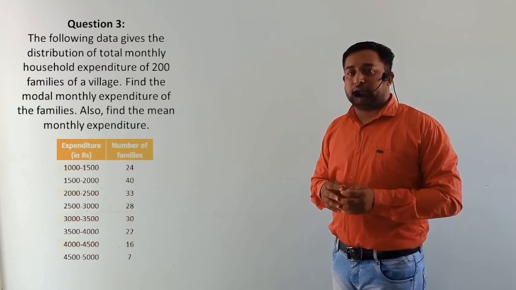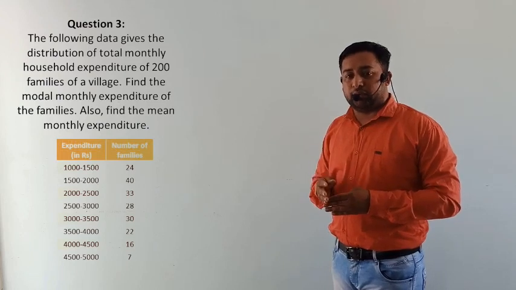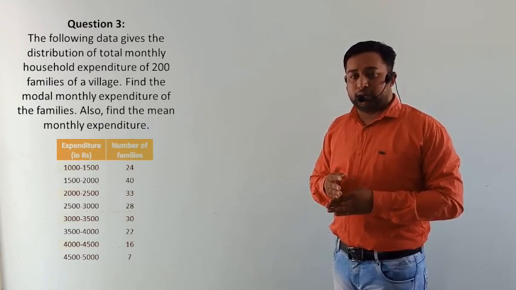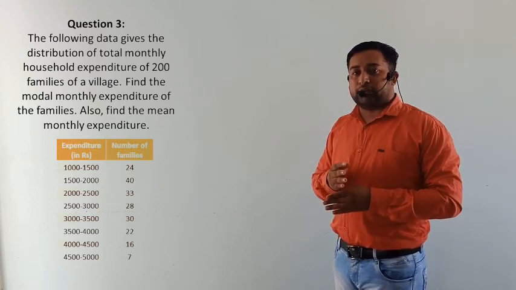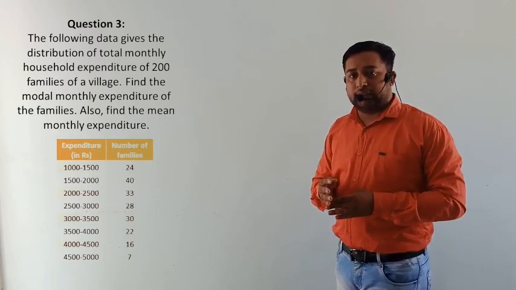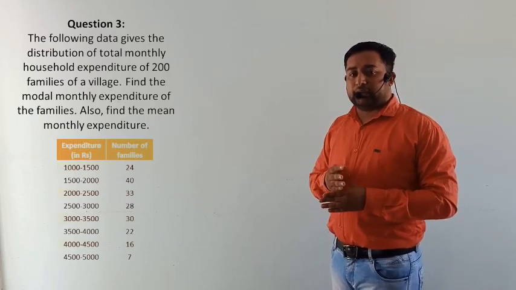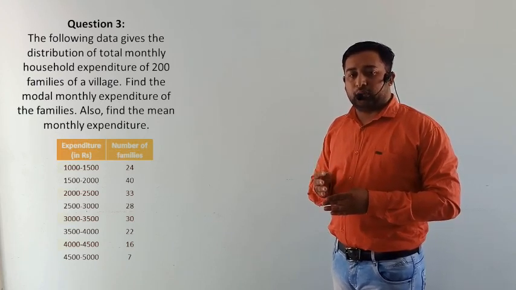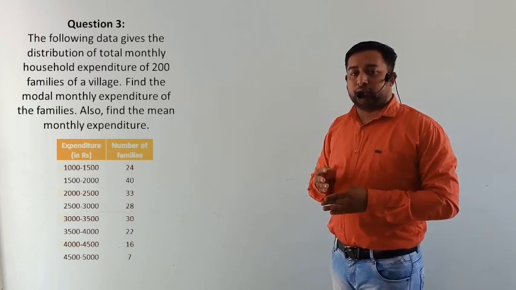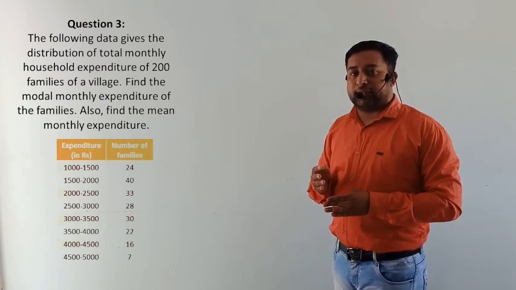The expenditure is given as 1000 to 1500, 24; 1500 to 2000, 40; 2000 to 2500, 33; 2500 to 3000, 28; 3000 to 3500, 30; 3500 to 4000, 22; 4000 to 4500, 16; 4500 to 5000, 7.